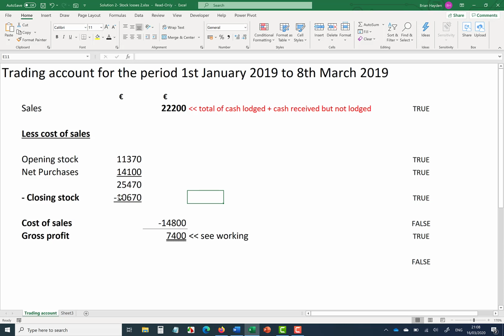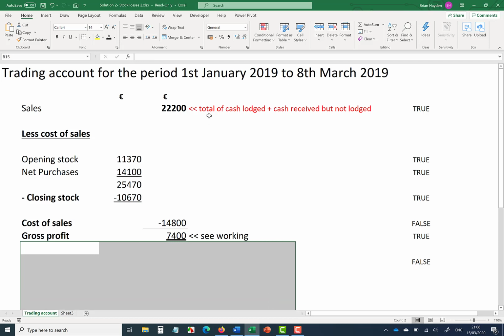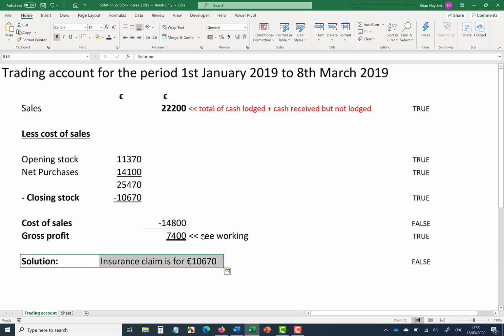Okay, so it's the necessary amount that ensures that this value results. So 25,470 minus 10,670 is 14,800. So the result is that my closing stock value is 10,670, and since all of it was stolen, the insurance claim will be for that amount. And that's how you attempt these questions.